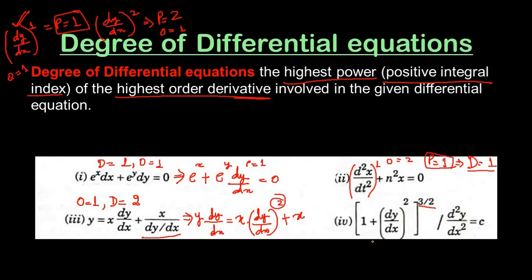Now look at this example. Here you have a term raised to 3 by 2. So first let us square on both sides.